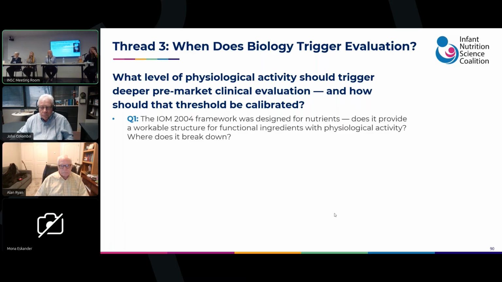Maybe can you tell us more about what kind of endpoints could be valuable for these kinds of studies? Do you want to tell us what kind of endpoints you used? Well, from an ingredient point of view, I would argue that the types of preclinical studies broadly for most ingredients are sufficient.